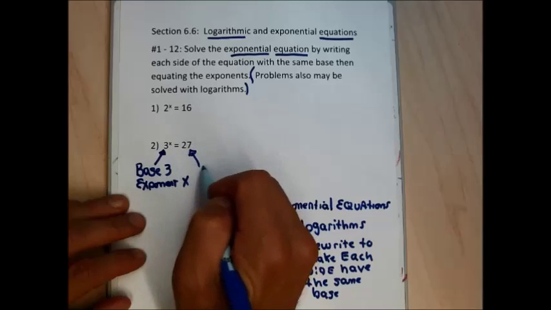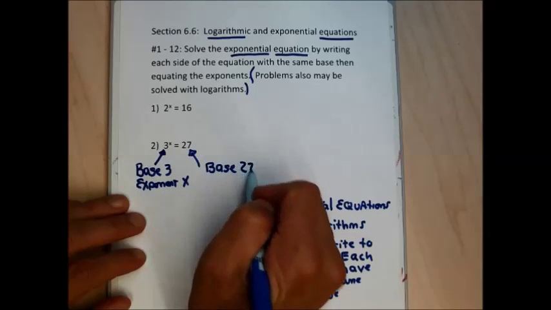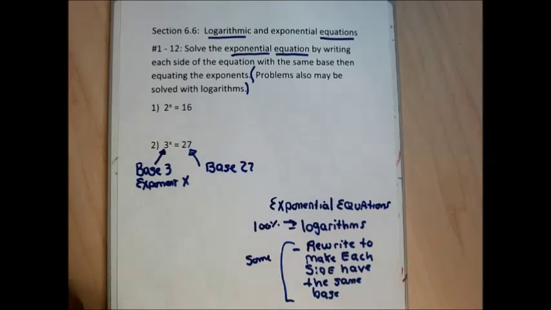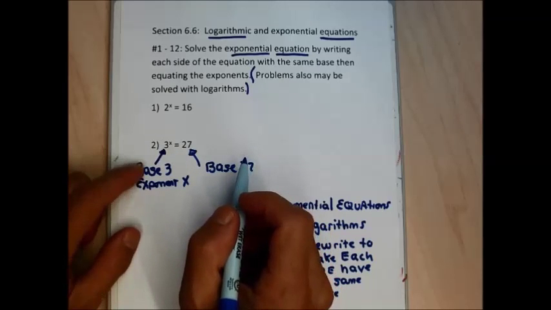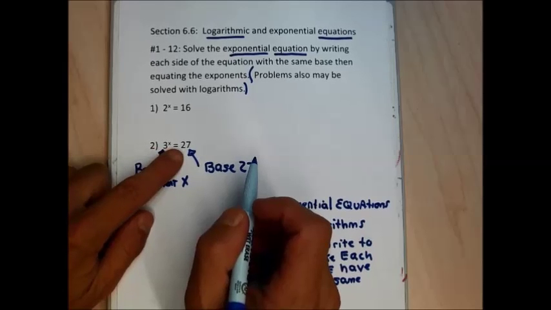On the right-hand side, the base is 27. The exponent's 1. That's not going to be so interesting. I'm going to write each side with the same base. And there isn't much I can do on the left-hand side because the base is a prime number. So there must be a way to rewrite the 27 so that its base is 3.